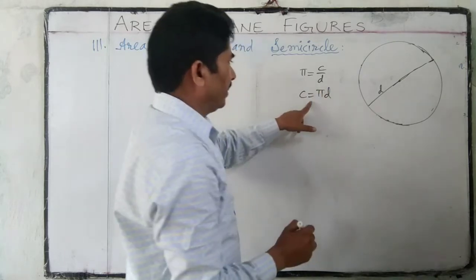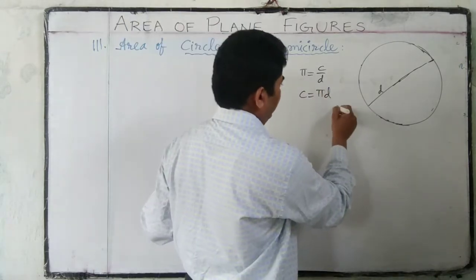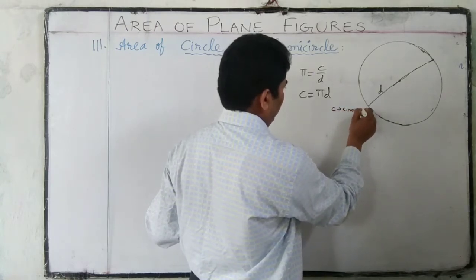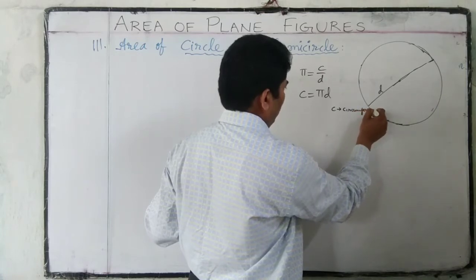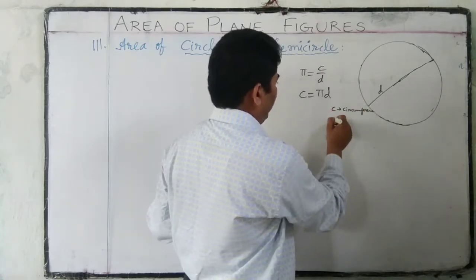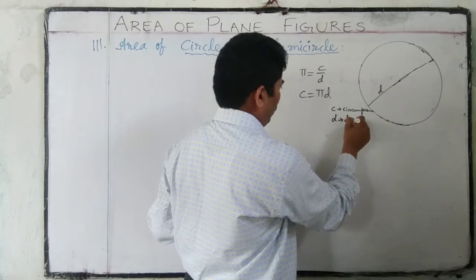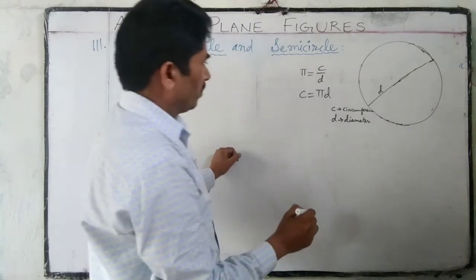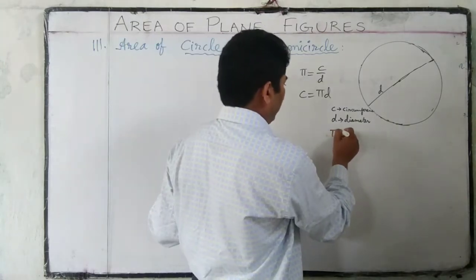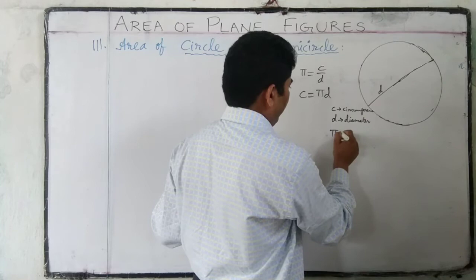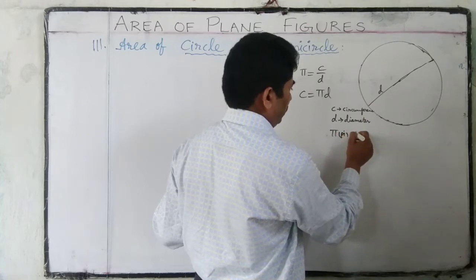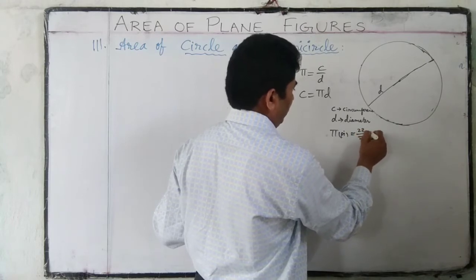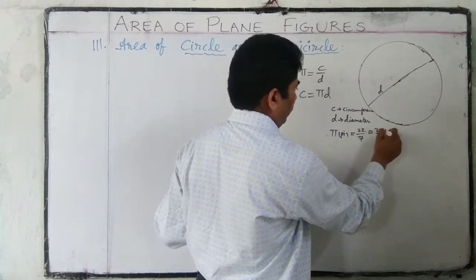Here C is circumference and D is diameter. Pi is a constant, approximately 22/7 or approximately 3.14.